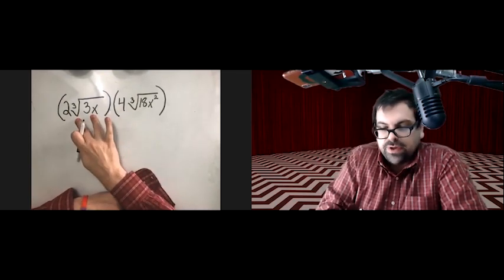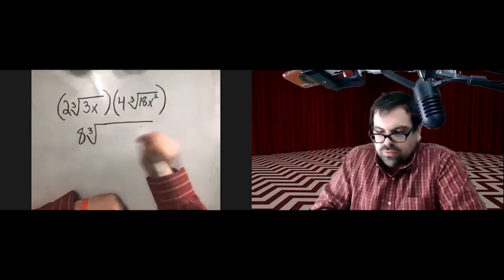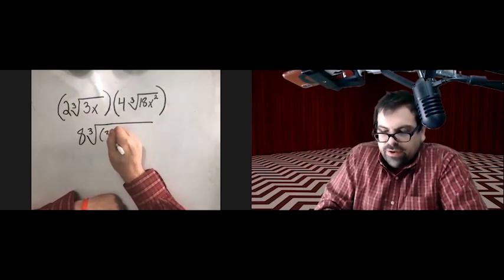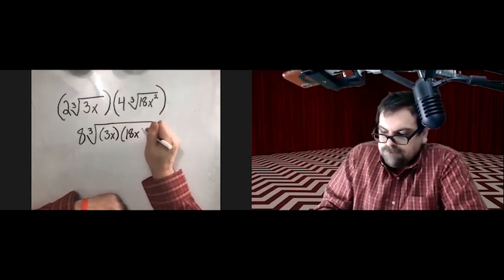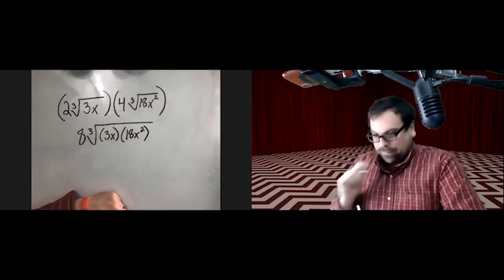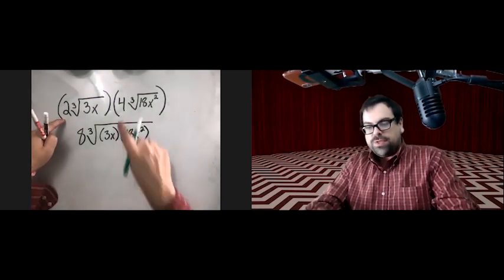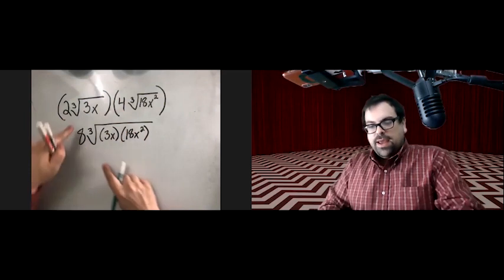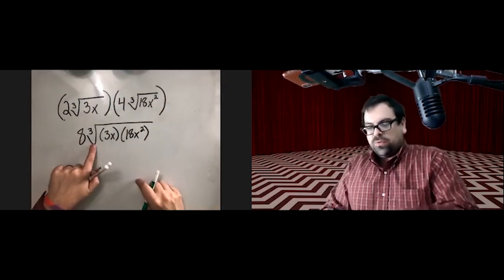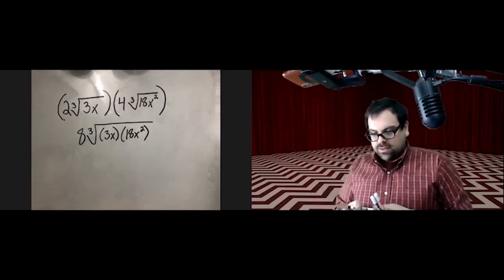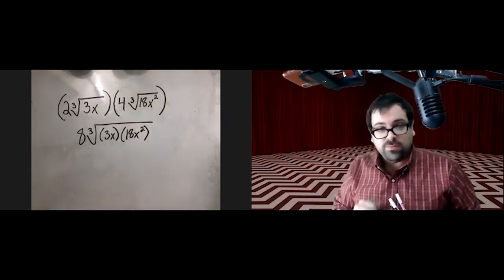And then the cube root of this stuff times the cube root of this stuff is the cube root of this stuff times this stuff. Can't do that with adding and subtracting, but multiplying, we can do that.